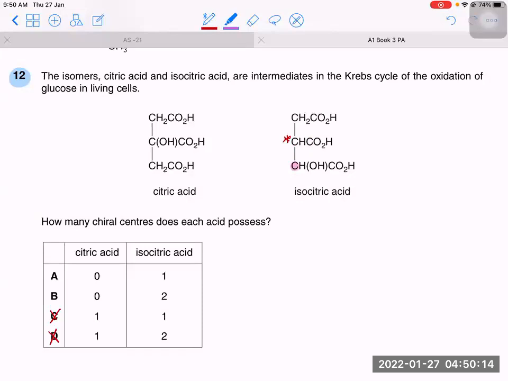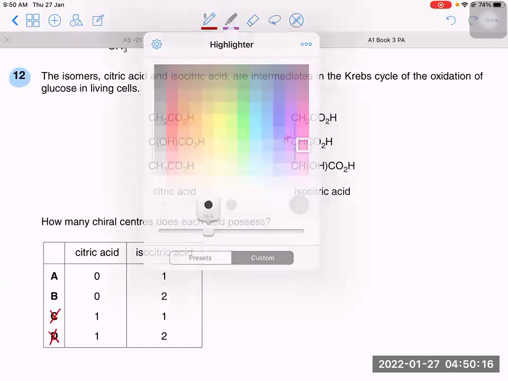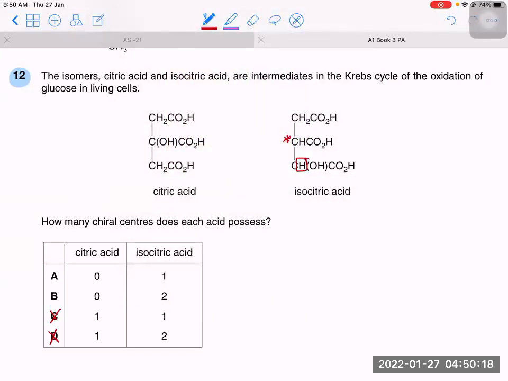Can this be chiral? Yes. It has a H, an OH, a CO2H, and all of this. Are they all different? Yes. Can this be chiral? No. Double bond. So how many chiral centers in this? 2. The answer is B. Clear?